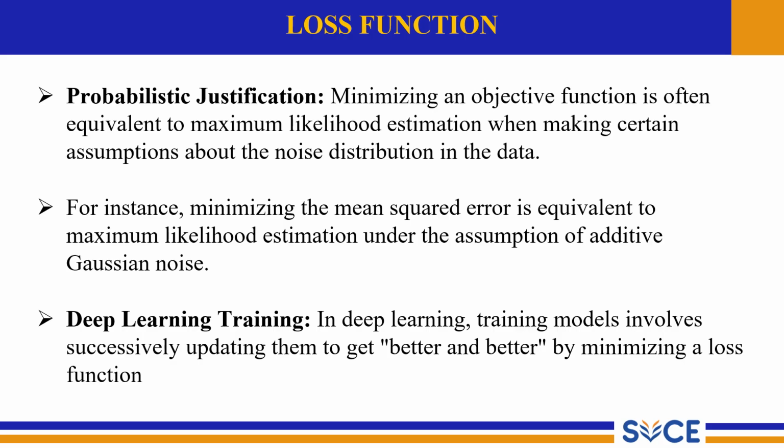For example, if we assume the data has additive Gaussian noise, then minimizing the mean squared error is mathematically equivalent to maximizing the likelihood of the observed data under that assumption. In deep learning, this idea is taken even further. Training deep models means repeatedly updating their parameters to make them better and better at making predictions, and we do that by minimizing a well-chosen loss function.